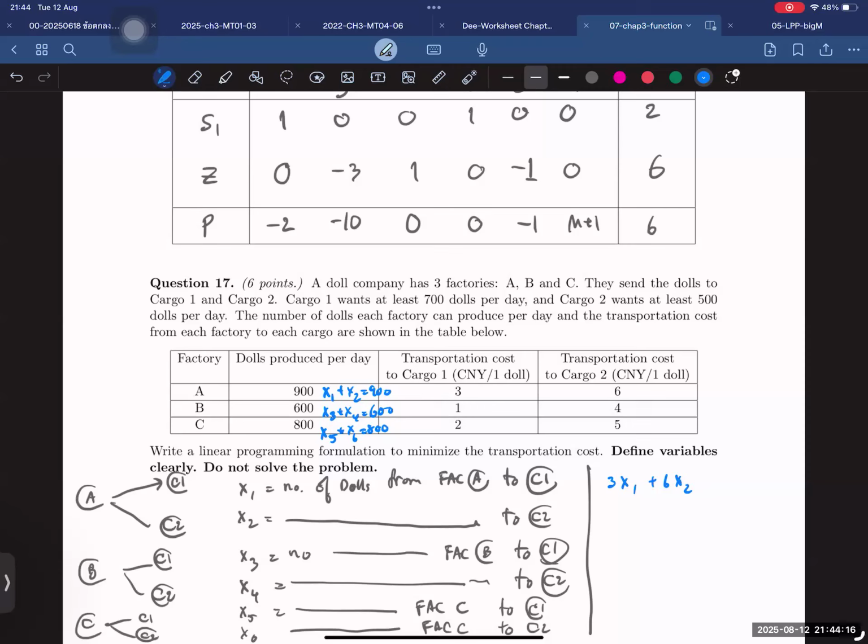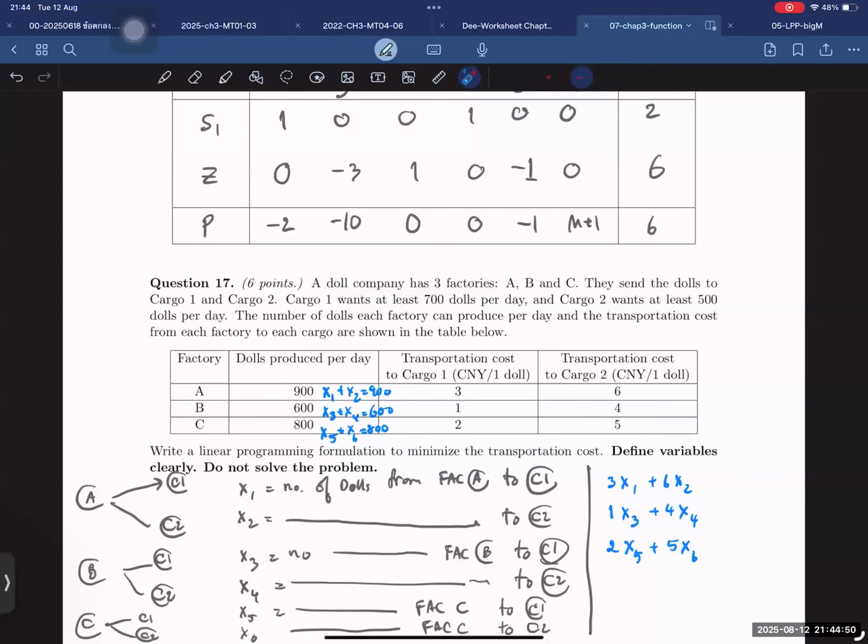And the transportation cost from factory B is $1 for x3 plus $4 for x4. And the transportation cost for factory C is going to be 2 times x5 plus 5 times x6. This is the transportation cost from factories A, B, and C, right? Let me read the question again.